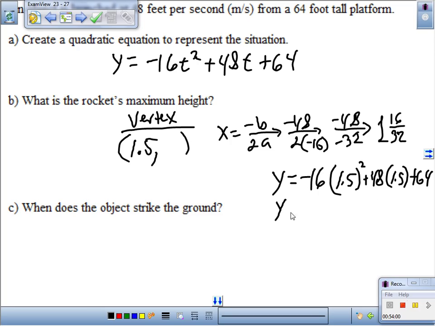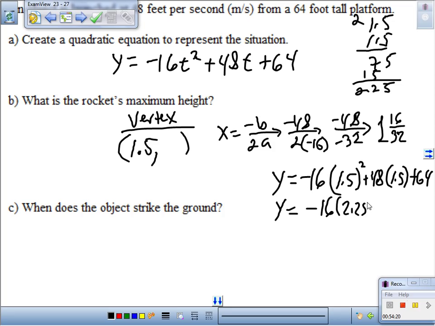So this is y equals negative, what is 1.5 times 1.5? 16 times 2.25.